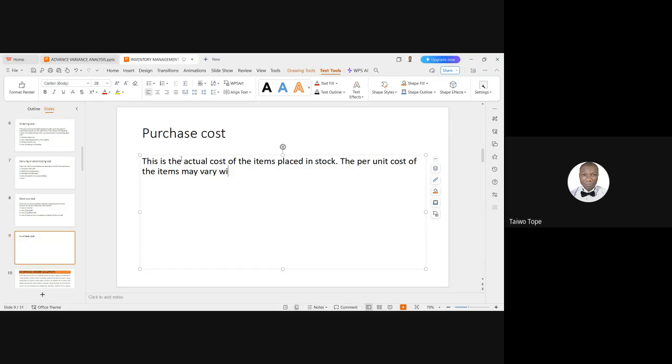They may vary with quantity discounts. When you are buying in large quantity, the cost per unit can vary with quantity discounts, or it may be fixed if no quantity discount is allowed.